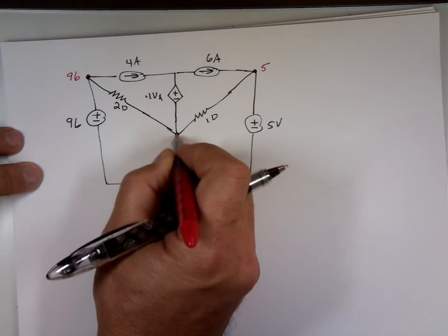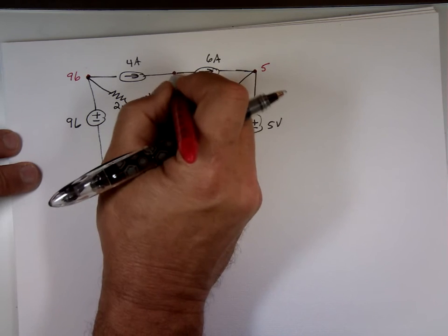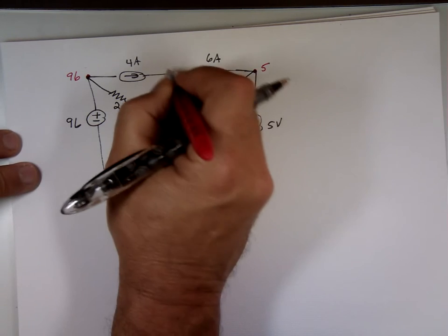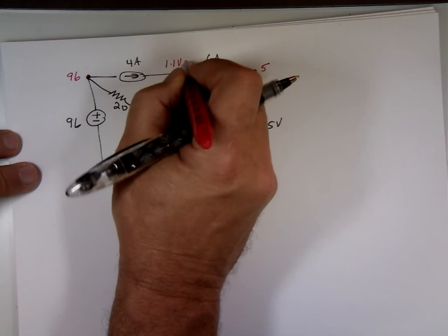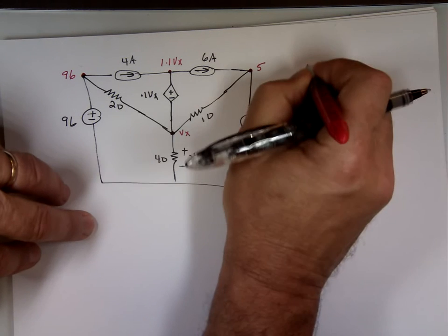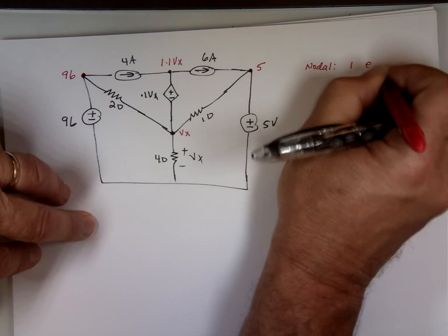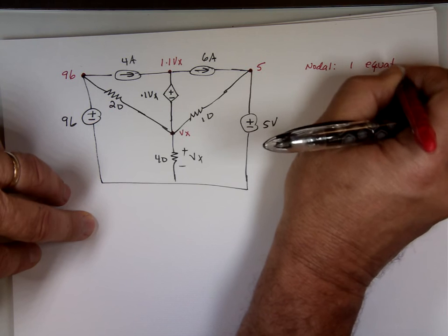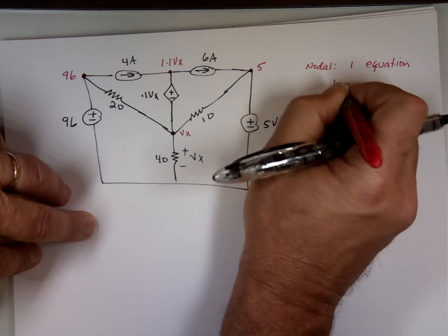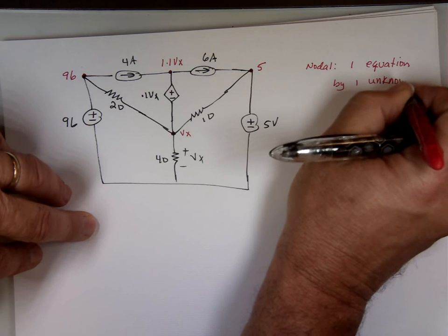Vx. What's the voltage here? 1.1 Vx. How many unknowns? 1, just Vx. So with nodal here, 1 equation by 1 unknown. That's your supernode.